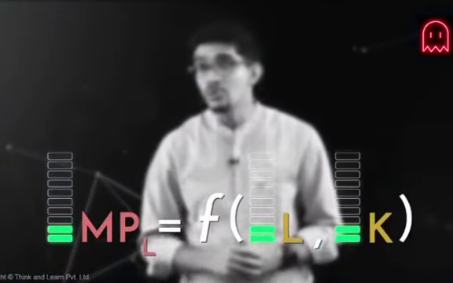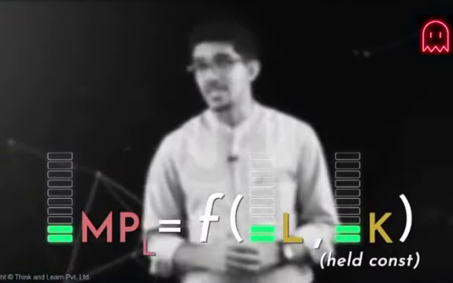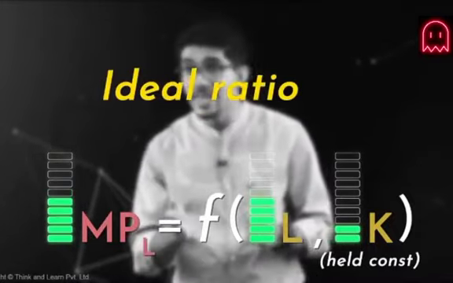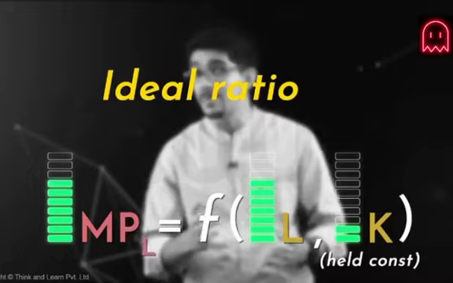But why does this happen? Why does MP eventually come down? The logic is simple. Always there is some ideal factor ratio that ensures optimal production. If L and K are the two factors and K is constant, the ideal ratio can be discovered by just varying the use of L and seeing at which point MP is maximized.